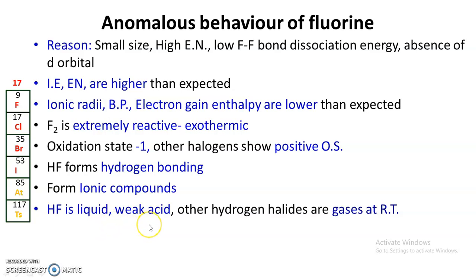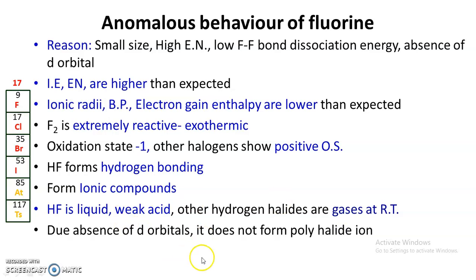Already I said it is a weak acid because the bond between hydrogen and fluorine is very strong, and therefore it is a weak acid. On the other hand, other hydrogen halides like HCl, HBr, HI exist as gases at room temperature.